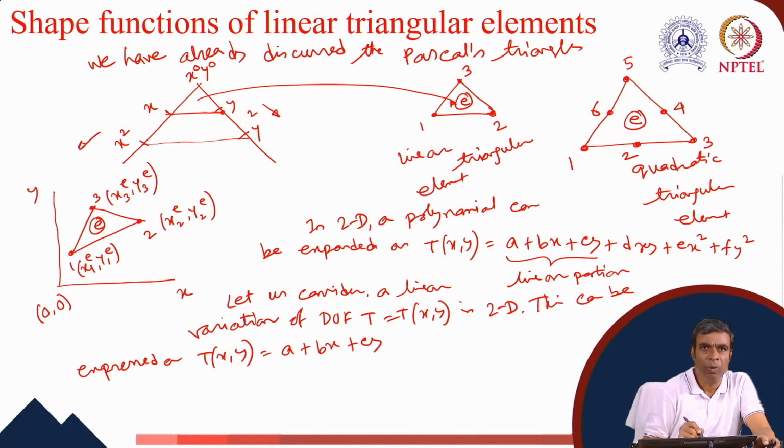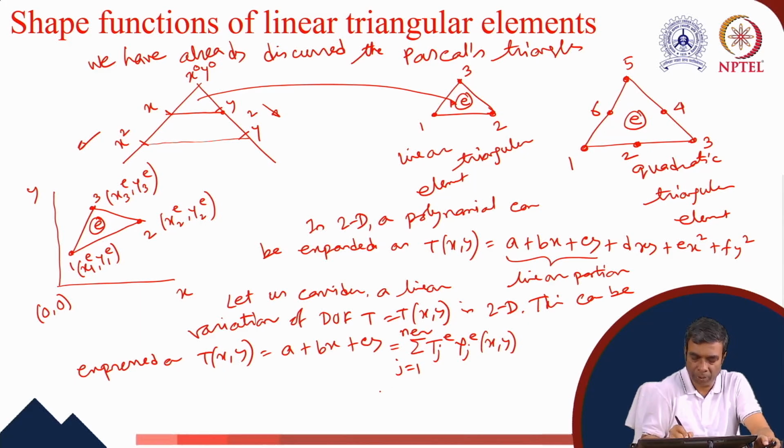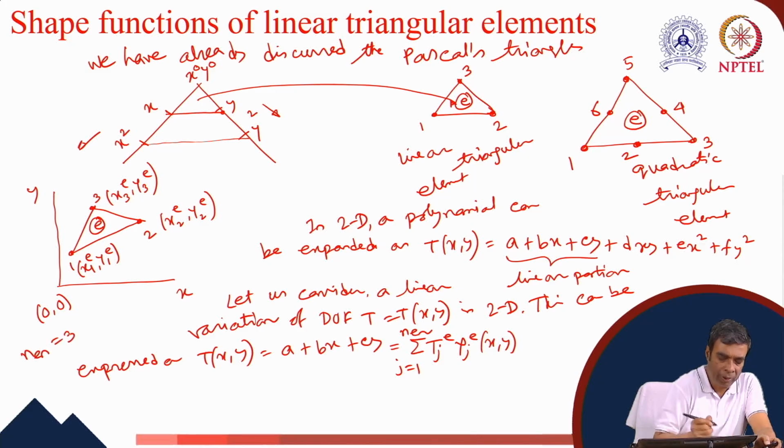Now we can represent the trial solution T(x,y) also in terms of Tje, psi je (x,y), where j is varying from 1 to nen. For a linear triangular element, nen equals 3.